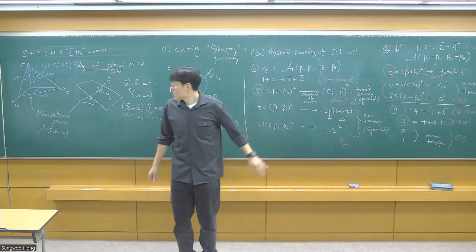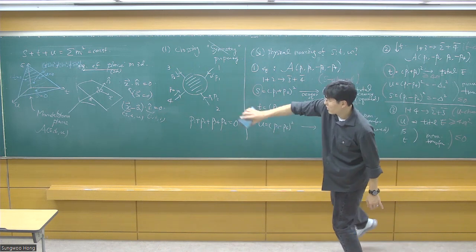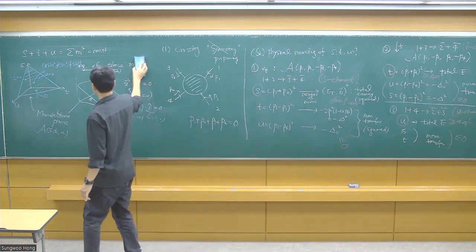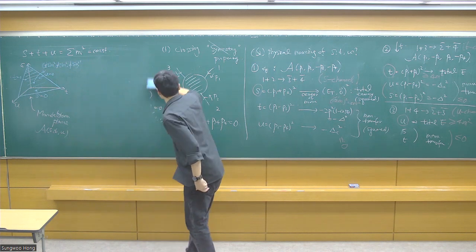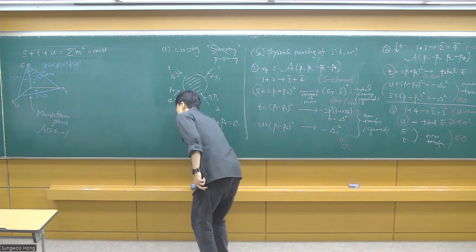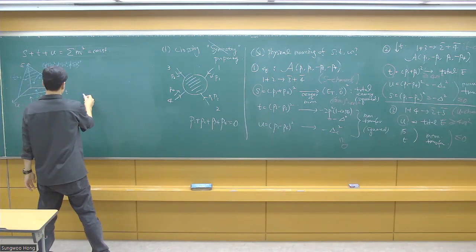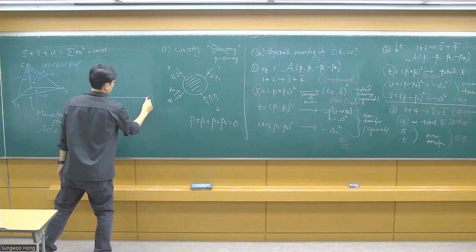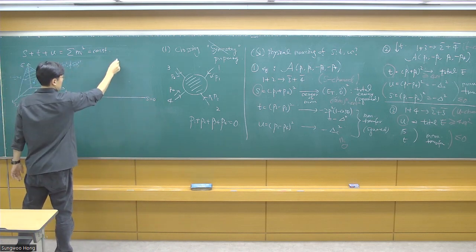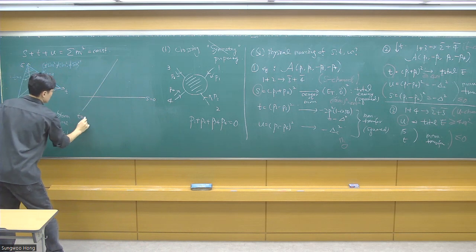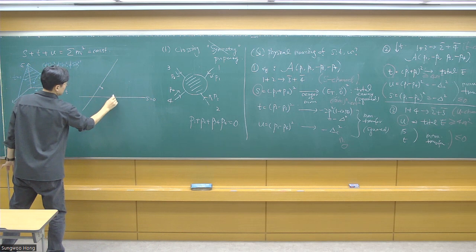Now let's draw this situation on the Mandelstam plane. This is the S equal to 0 line. And I need a T, so this is my T equal to 0 line. Then T becomes positive like that, S becomes positive like that.